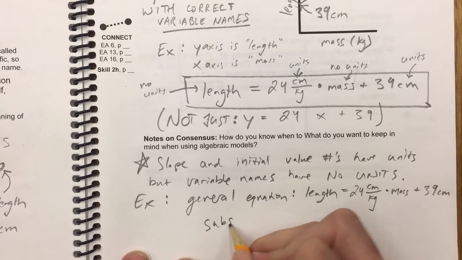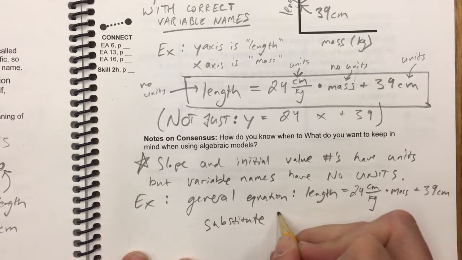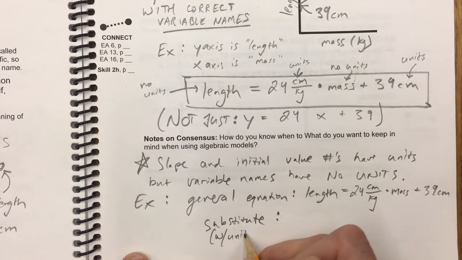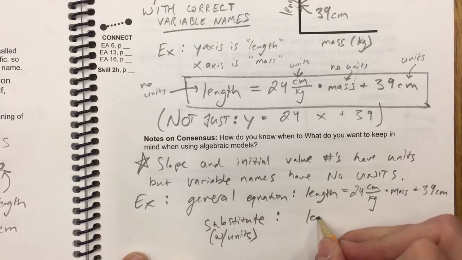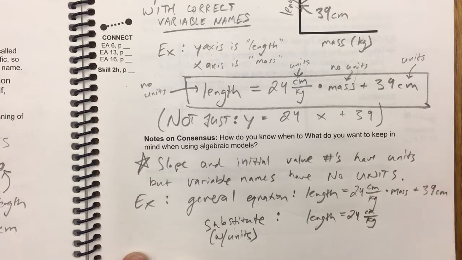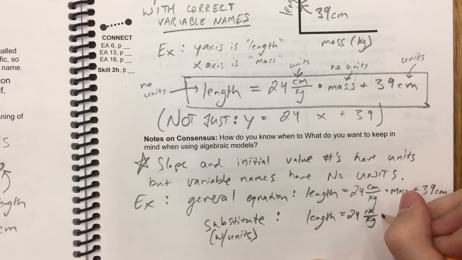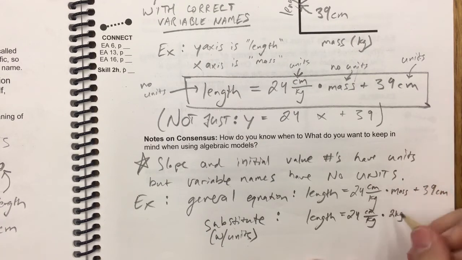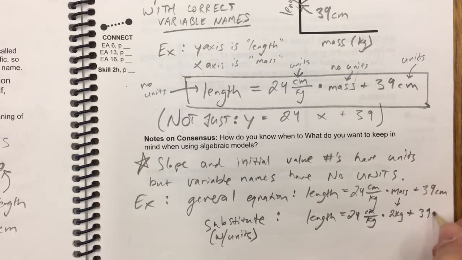Then we substitute with units. So length equals 24 centimeters per kilogram times some value for mass. So for example, what if I was predicting for 2 kilograms? I would substitute 2 kilograms for mass plus 39 centimeters still.